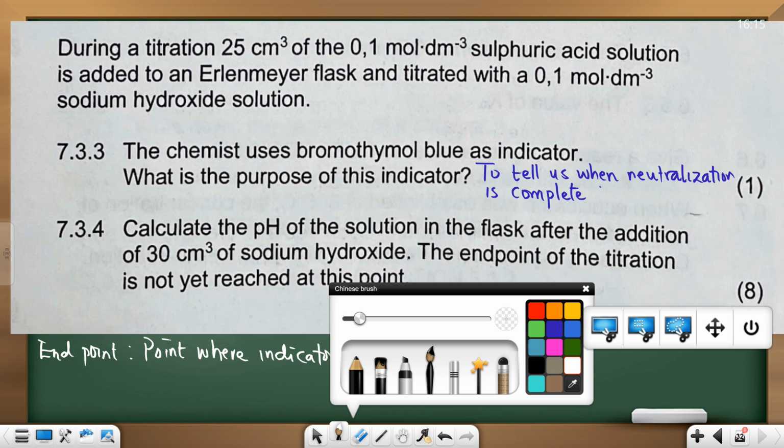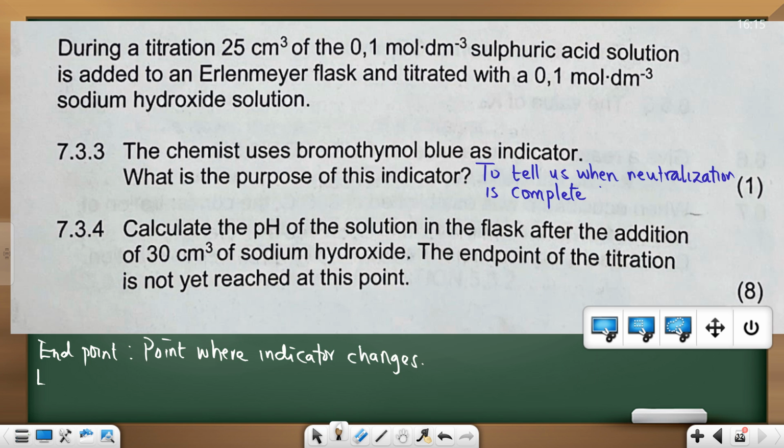Please, I quickly want to define 2 points for you: endpoint and equivalence point. They might ask you this. What does the word equi mean? That's what should come to your mind. Equi means equal. So what is the equivalence point?